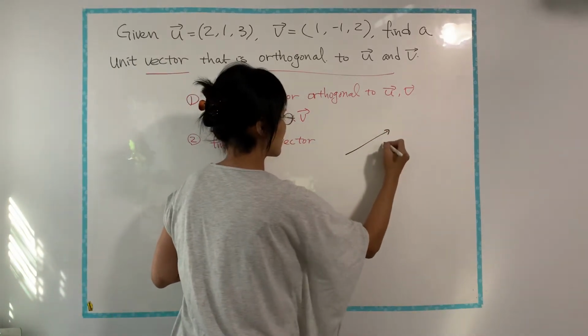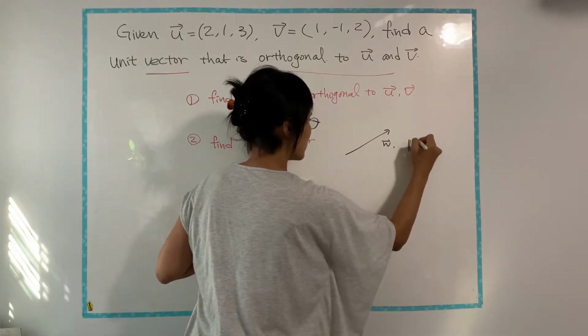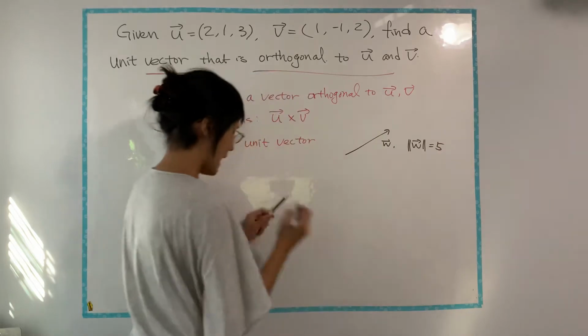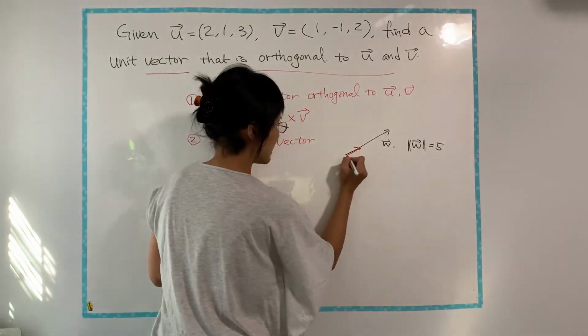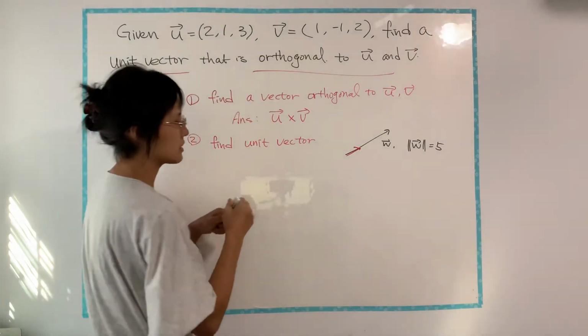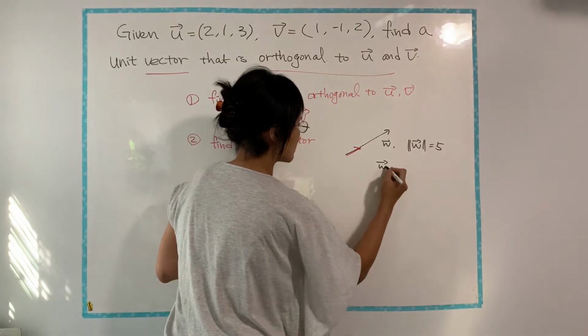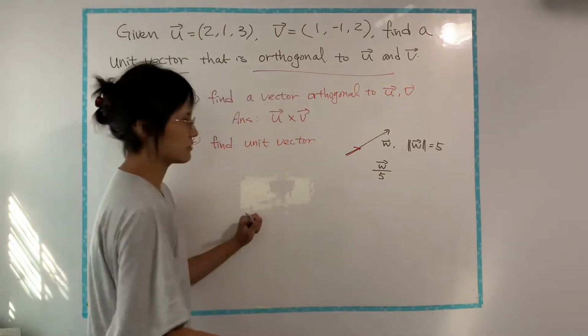Suppose I have a vector called W. If the length of W is equal to 5, how do I find a vector in the same direction but of length 1? I can just divide the vector W by 5, right?